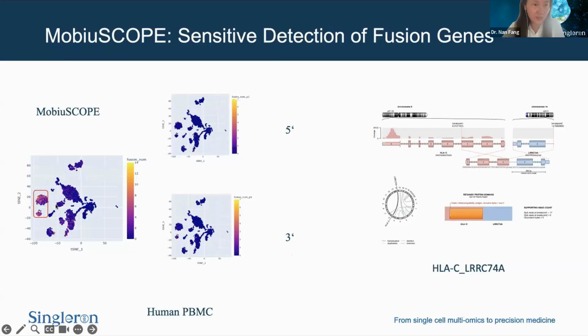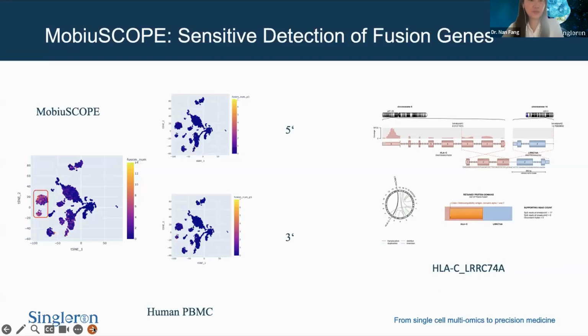As shown here, this fusion gene was detected in those red labeled cell populations. It's quite enriched in two small cell clusters with unique phenotypes. And by a deeper look, we could identify the fusion as an HLA-C LRRC74A fusion, which was later also confirmed with other independent methods.